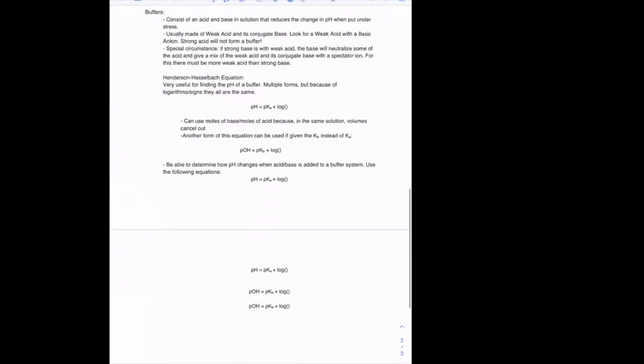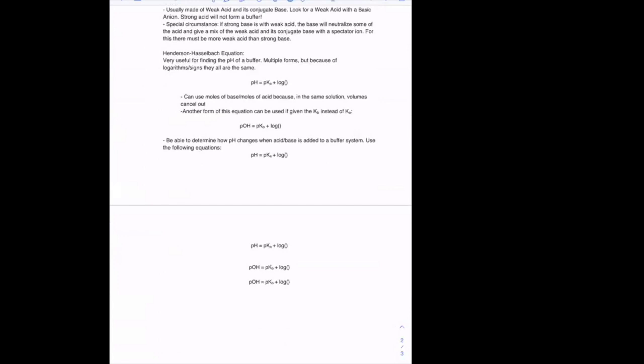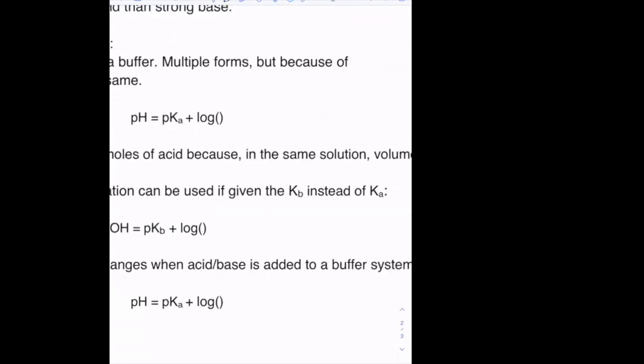But moving down, this is where I'm going to start using the Henderson-Hasselbalch equation. It looks like, I apologize, but in the PDF form, apparently it does not load the equations that I had in Word. So I will just write those in really quickly. For pH here, this log term is just going to end up being moles of base over moles of acid.